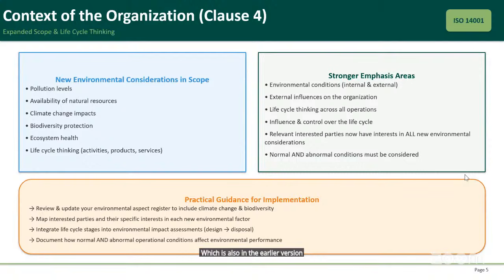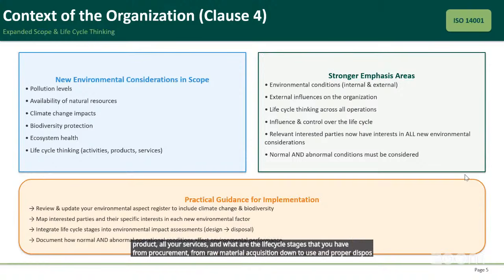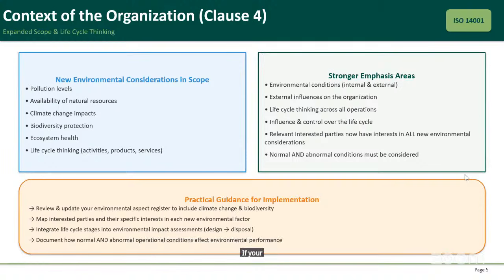For your environmental aspect, you must look at all your activities, all your products, all your services, and what life cycle stages you have, from procurement, from raw material acquisition, down to use and proper disposal of your product and services, or whatever that you relate with.